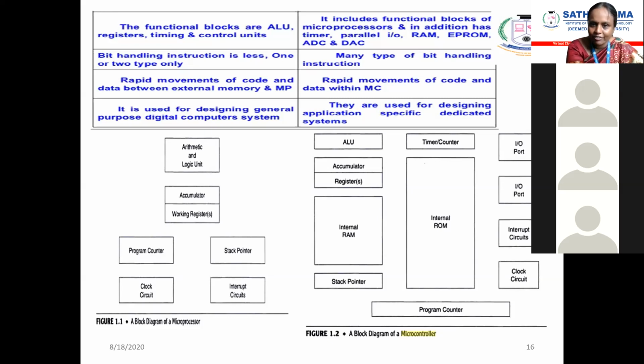Analog to digital converter. What is DAC? Digital to analog converter. Everything is embedded on a single chip. So that is a microcontroller. Whatever a microprocessor contains, it also contains the same things, ALU, registers and all. Apart from that, we have onboard memory, and a timer and control unit.